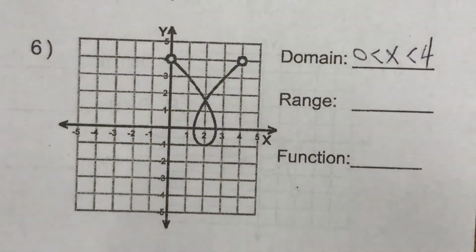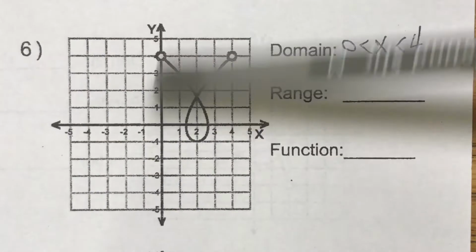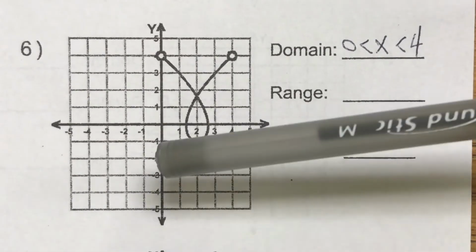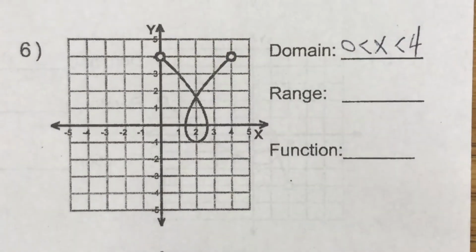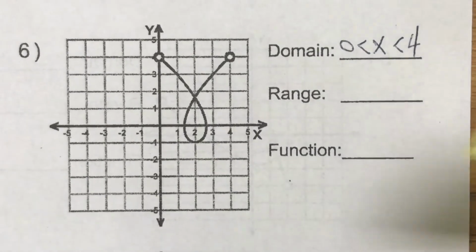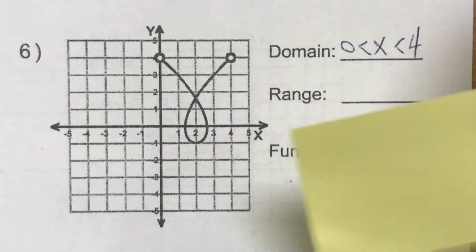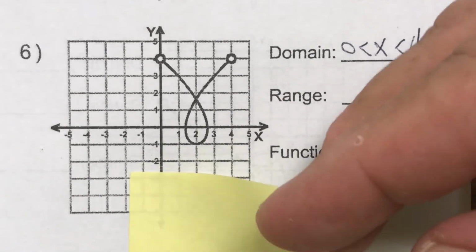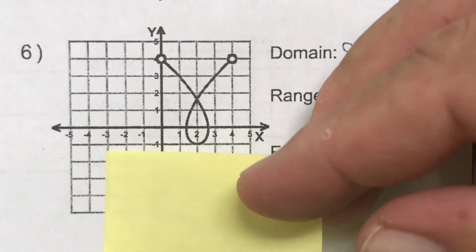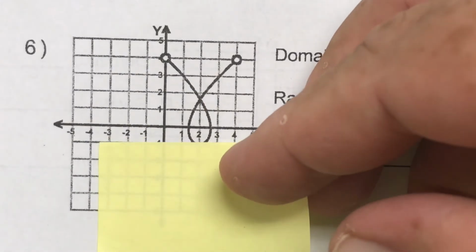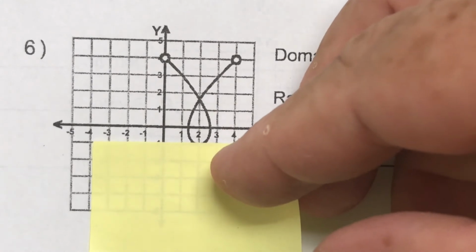So the range, we're talking about the y-axis. So we want to go from the bottom to the top. So looking at this graph, starting up here at the bottom, moving my way up, and this is the lowest point for the graph.